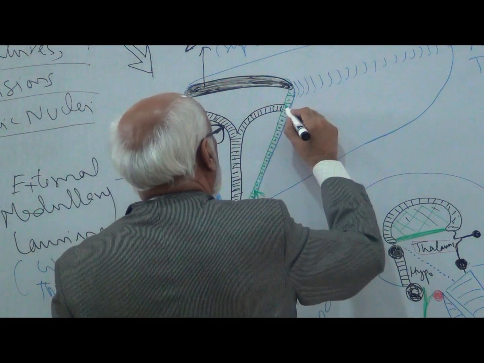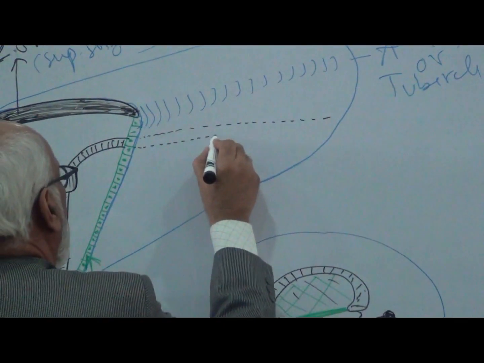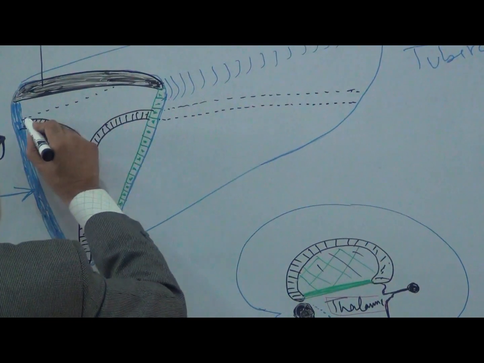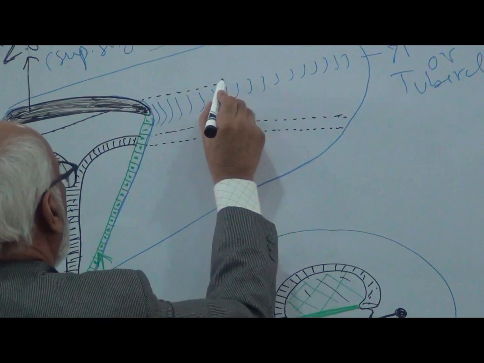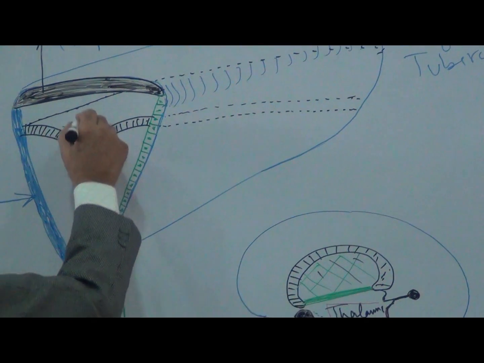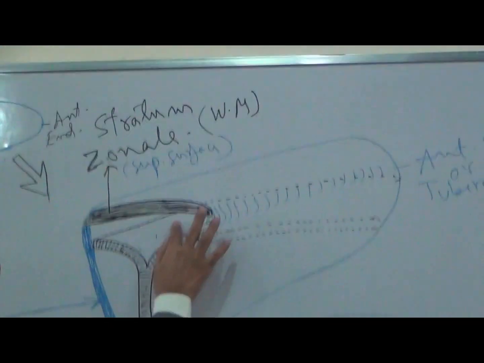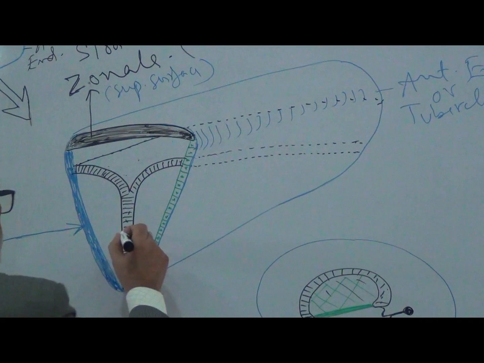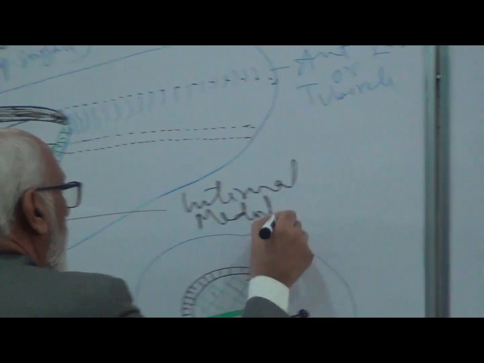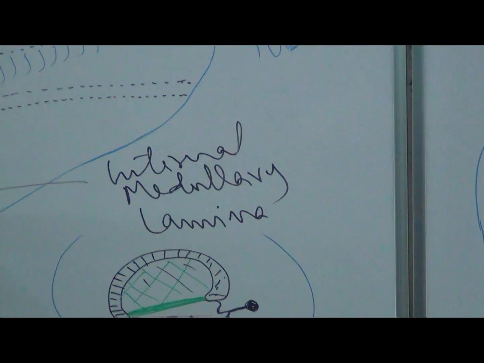This is internal medullary lamina, which extends throughout the interior of thalamus.